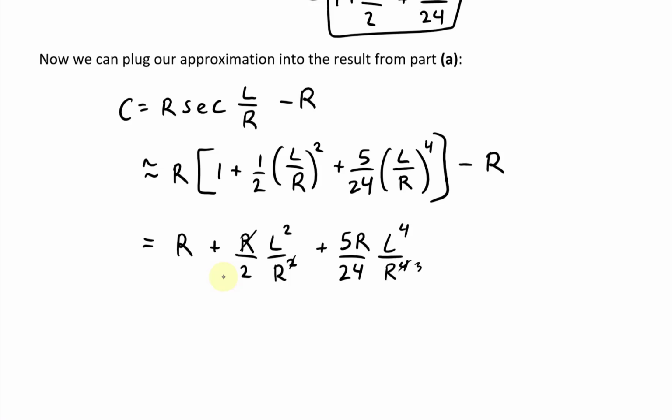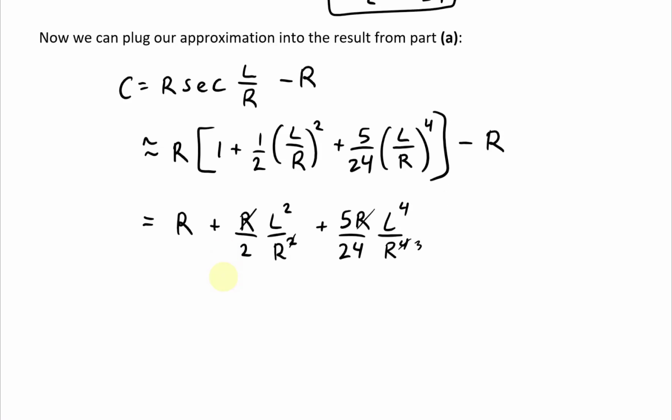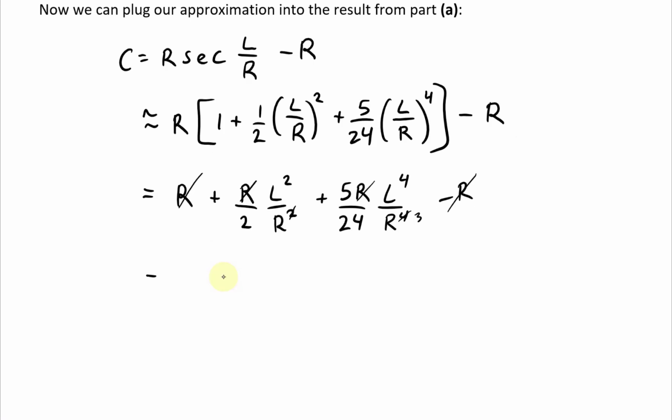So this cancels, becoming R cubed. And then a minus R cancels with this one. So what we're left with is 1/2 L squared over R plus 5 over 24 L to the 4 over R cubed.